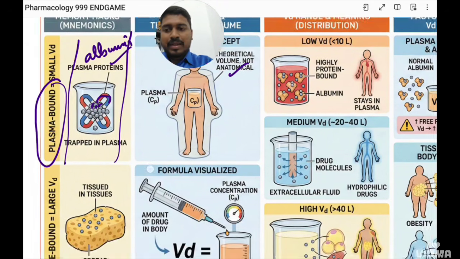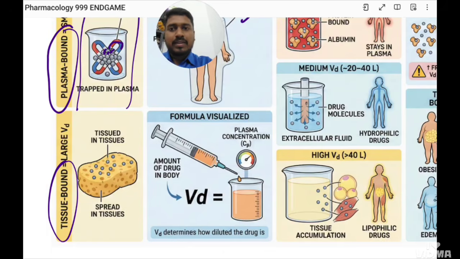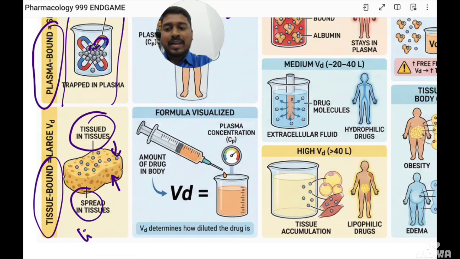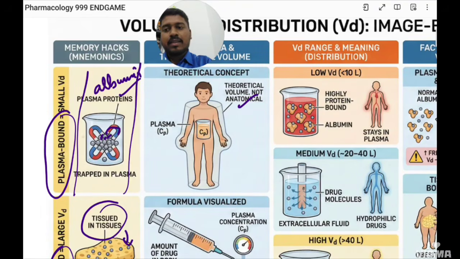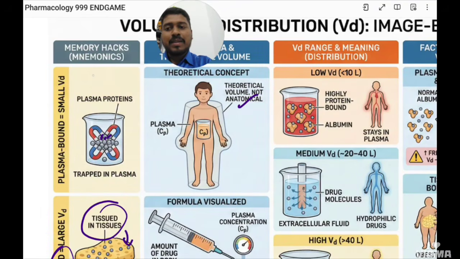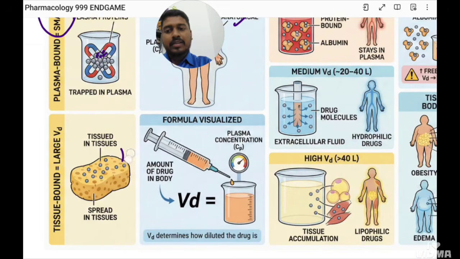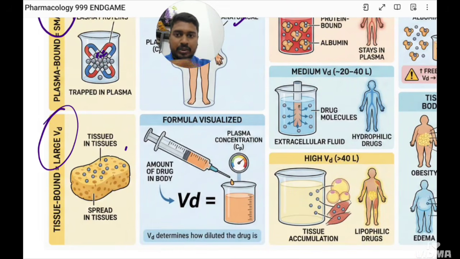Similarly there are tissue bound drugs. For example, digoxin is the best example for this, which goes into the tissue, into the muscles, into the adipose tissue and all, and then gets accumulated. These are especially lipophilic drugs. So you should know that if it is only a plasma bound drug, which means it remains within the blood vessel, it has a smaller volume of distribution. If it goes into the tissues and muscles, it has a larger volume of distribution.